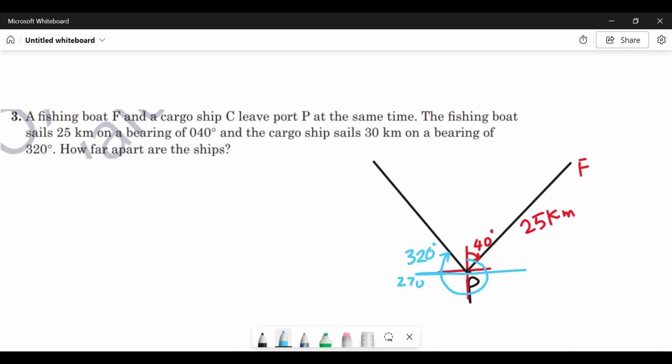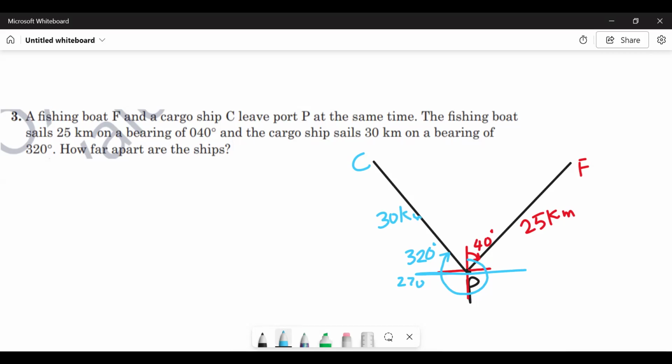Is it clear? So this point C, the cargo ship, is at the bearing of 320 degrees. Now it moves 30 kilometers on the bearing of 320.